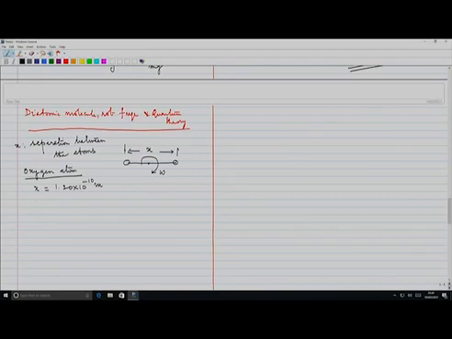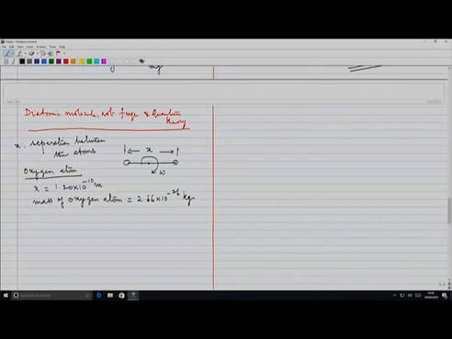And the mass of the oxygen atom is equal to 2.66 into 10 to the power of minus 26 kilograms.